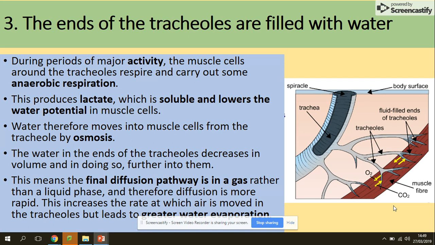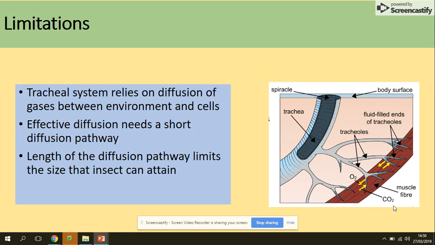Okay, so the final diffusion pathway is actually in the gas rather than in the liquid. You must remember that, and this increases the rate at which air is moved in the tracheoles, but leads to higher water evaporation. Right? Finally, what are the limitations then?